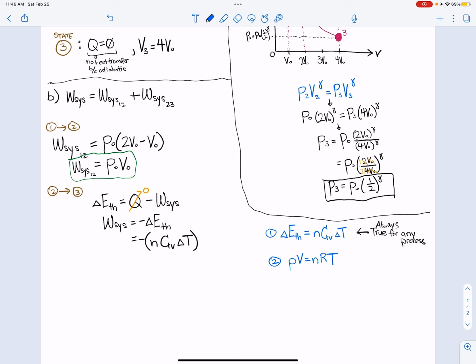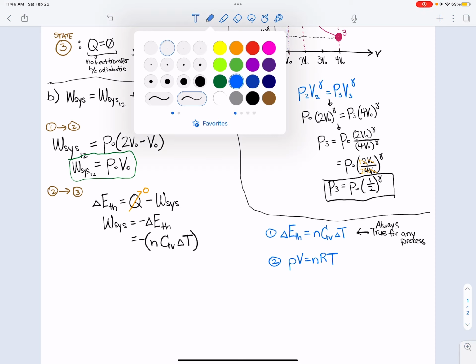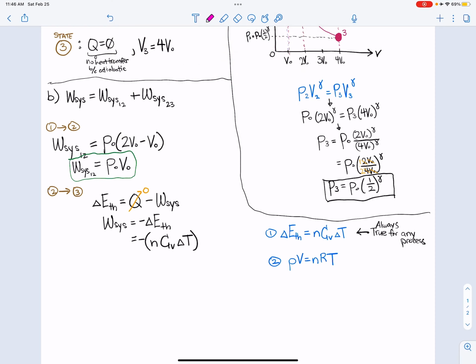And from state 2 to state 3, it is an adiabatic process. So basically, the only constants here are really just the number of moles and the gas constant R. Because temperature changes, volume changes, and pressure changes, right? So because of that, I could say that PV over T is equal to the constant nR.